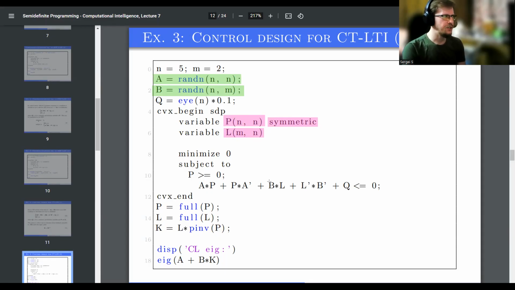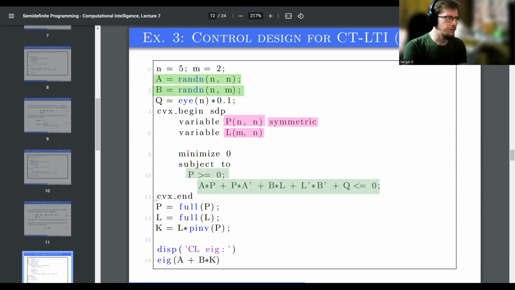It multiplies B on the left, and it has to have the same dimension as Q and A and P, so N on the right. M by N, right? So it cannot be symmetric because it's not even square. And you get the familiar LMI here, but just longer, and this smaller LMI condition here.